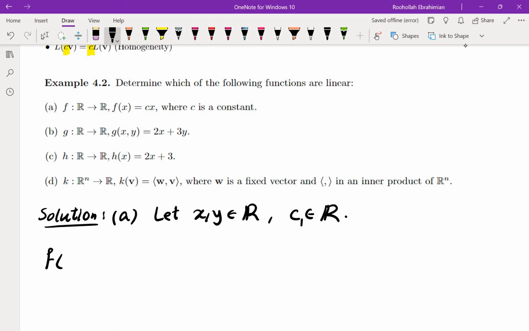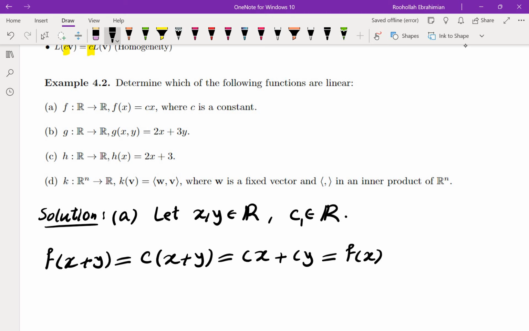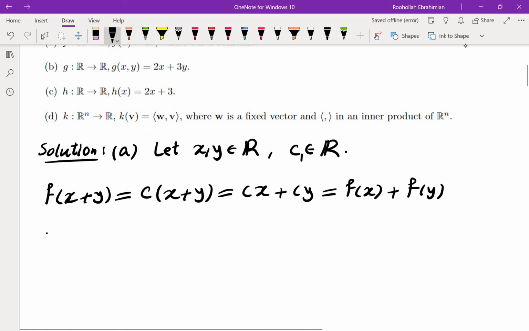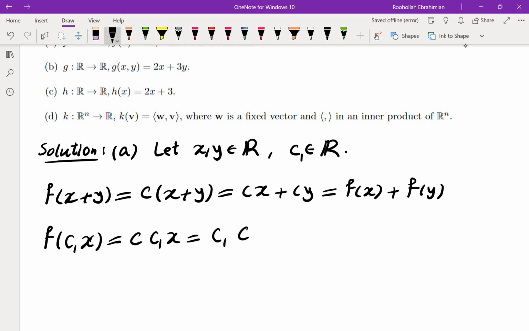Now we'll evaluate f of x plus y. F of x plus y by definition is c times x plus y, which is cx plus cy, and of course cx is f of x and cy is f of y. Now we're going to evaluate f of c1x. F of c1x would be c c1x, which is c1 cx, which is c1 f of x.